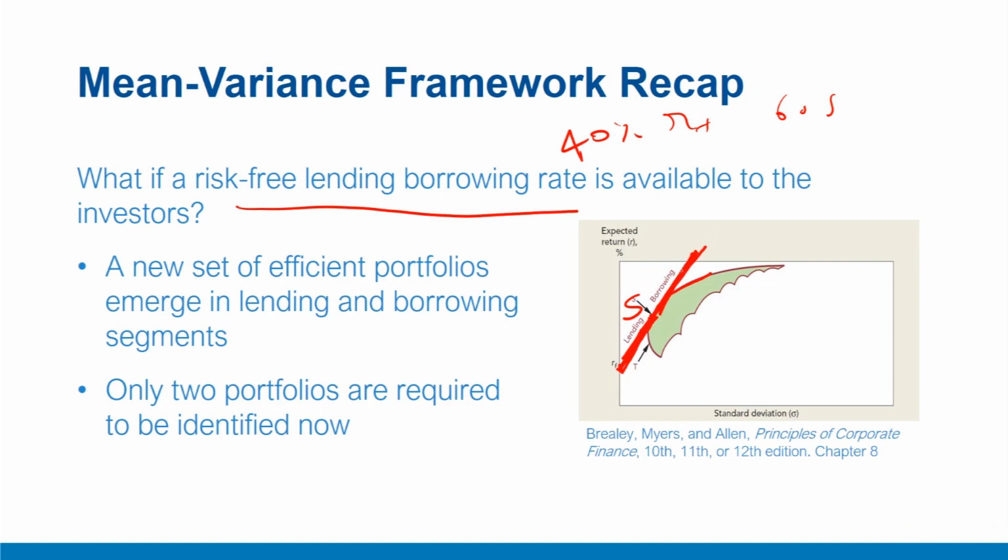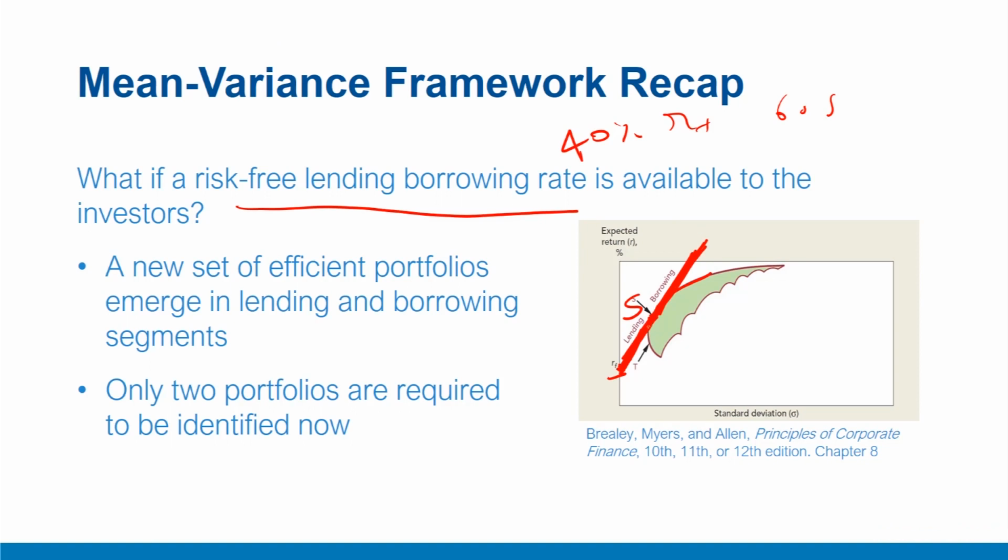Importantly, this is also called the two portfolio theorem or separation theorem, because now we need to only identify two portfolios, that is RF and the tangency portfolio S, to offer a wide range of risk return profiles, what we call the new efficient frontier represented by this straight line.